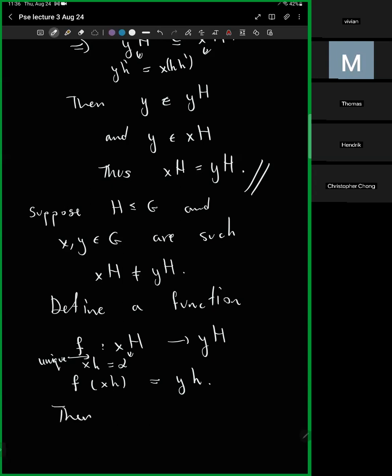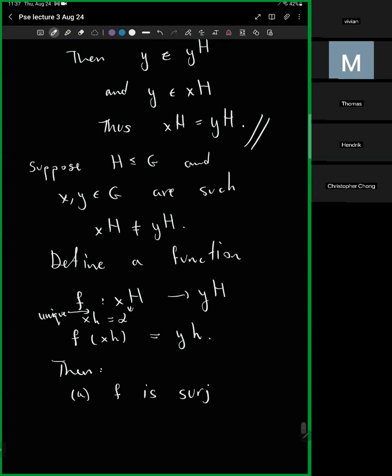Then, first, you can see that f is surjective. Because if you give me some element beta in yH, then this beta is of the form yh, and so f of xh is going to be yh.